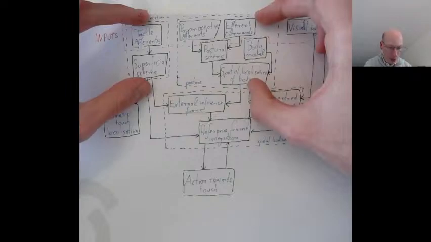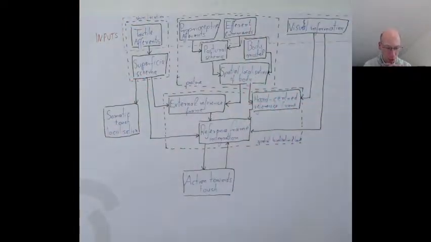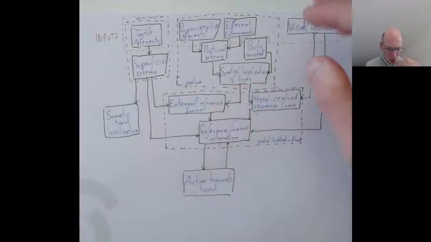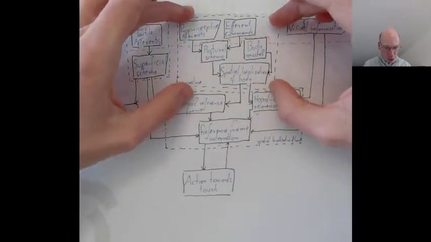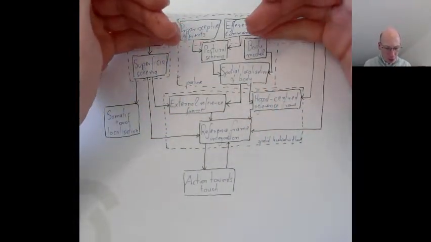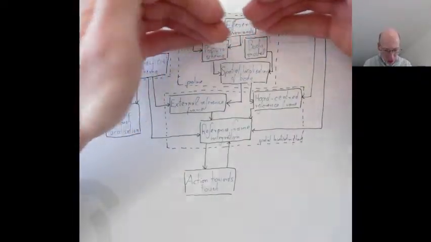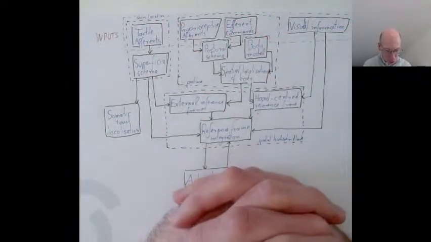And I can see why they group them together, but I don't want to group them together for my model. Maybe I will in the future, but not for now. For that I actually like that they have the box posture around here. So from this box posture I would only take out the proprioceptive information and the information about the efferent commands and leave the rest in the posture.